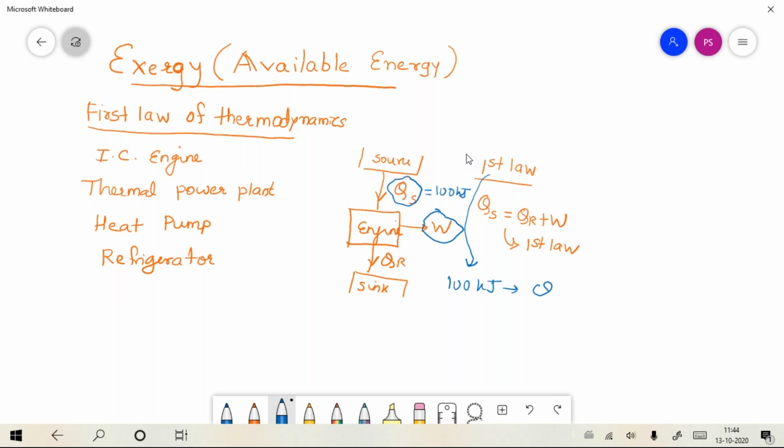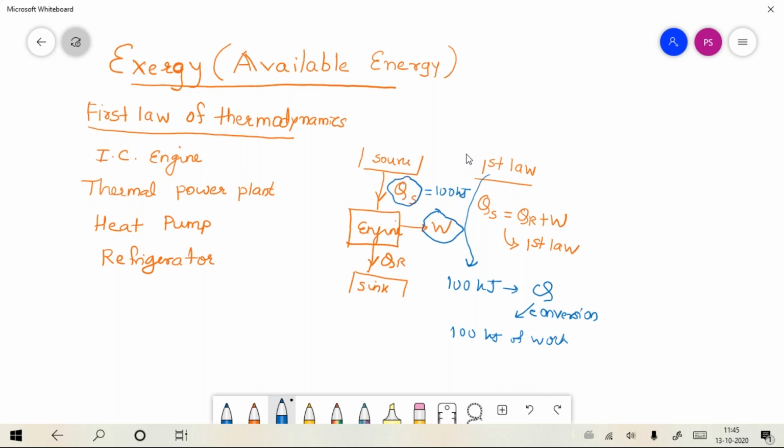Whether one can convert this 100 kilojoules to 100 kilojoules of work, if you ask the first law of thermodynamics, it would not be in a position to tell you anything about it.